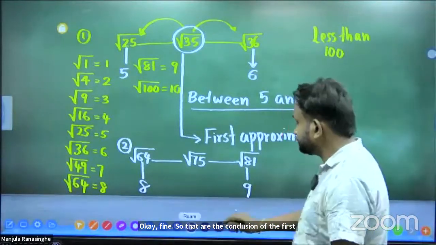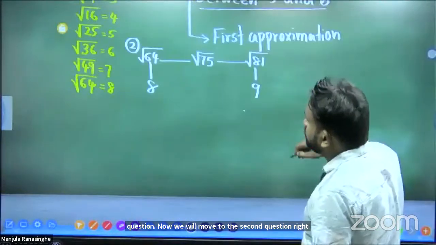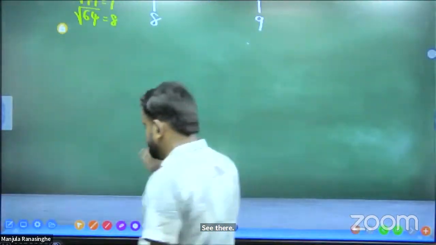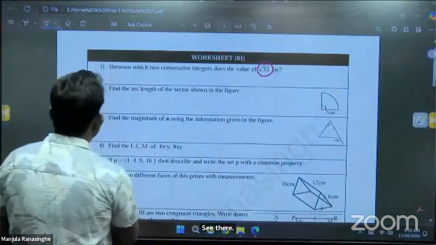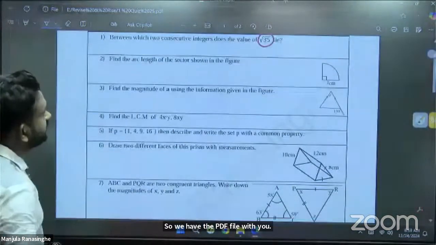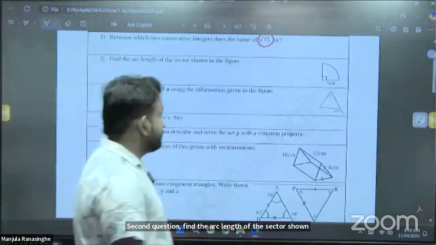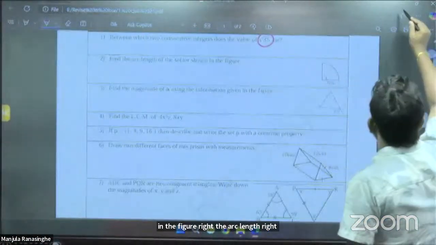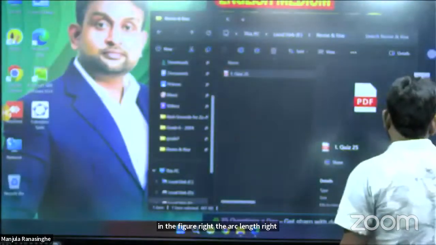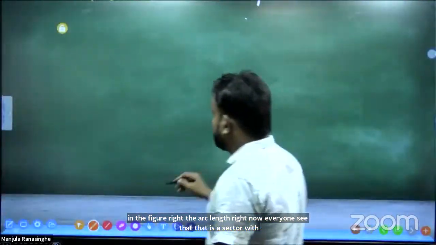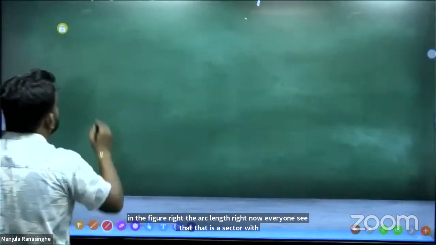So we have the PDF file with you. Second question: find the arc length of the sector shown in the figure. Everyone can see that it is a sector with a radius of 7 centimeters.